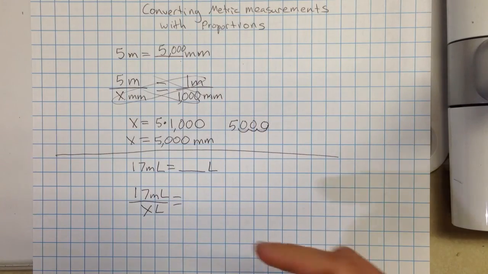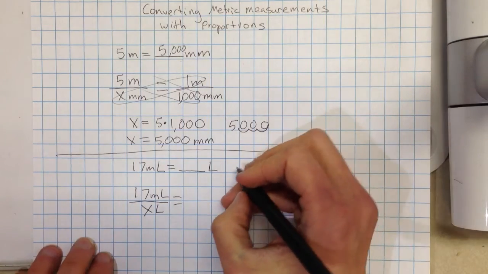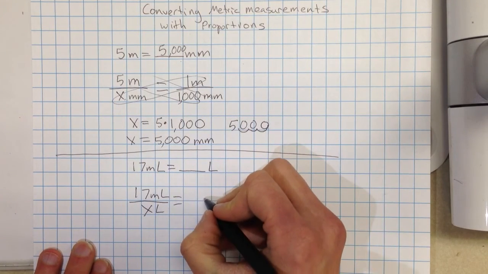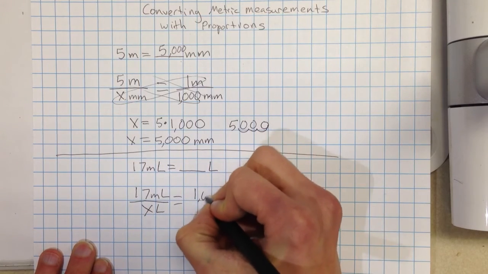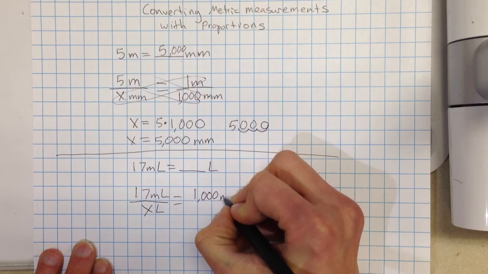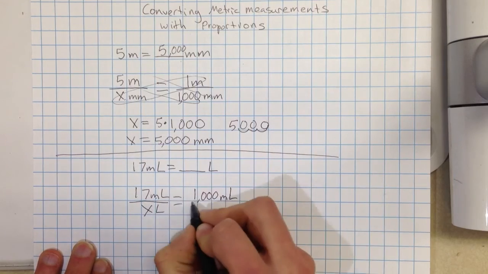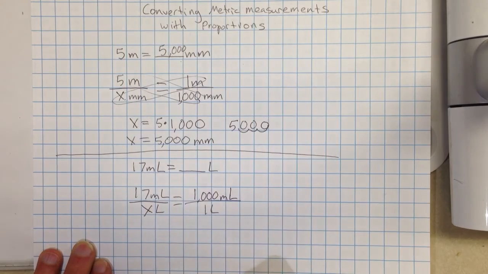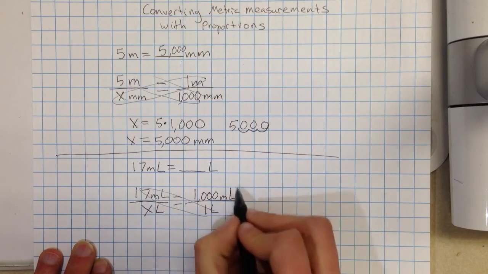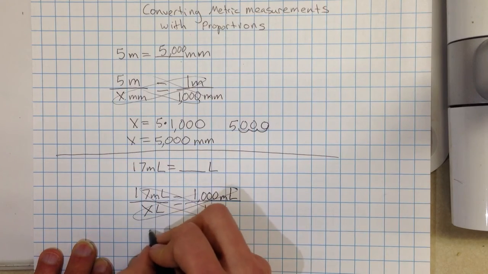And I'm going to use the fact that there are 1,000 milliliters in a liter. So I'm going to keep my units in the same spot. 1,000 milliliters on top, 1 liter at the bottom. Units match. Cross multiply.